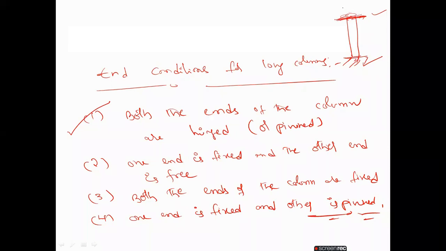Coming to the third one, both ends of the column are fixed like this. And one end is fixed and the other end is pinned or hinged. So like that, we have end conditions, a total of 4 end conditions especially in the long columns. Okay, so this is today's class.